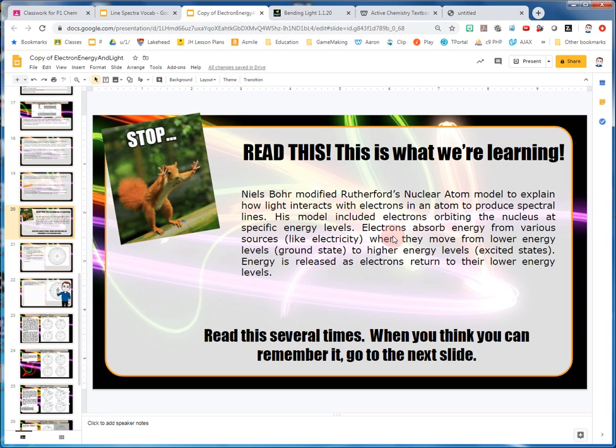And that is where light comes from. Light comes from electrons getting excited, and then they don't want to be excited, so as soon as they can, they give that energy off in the form of light.